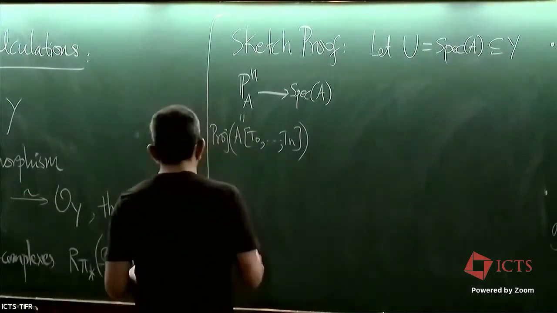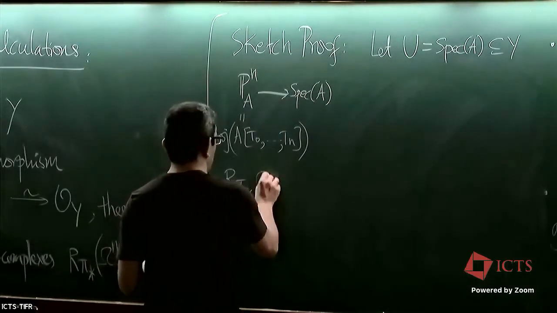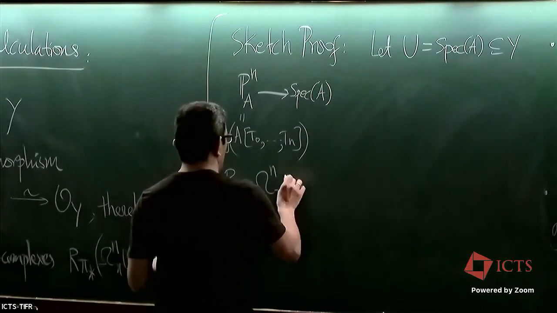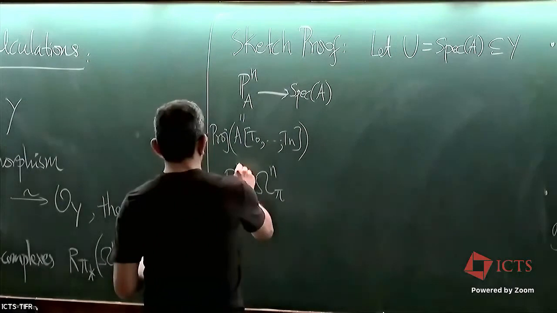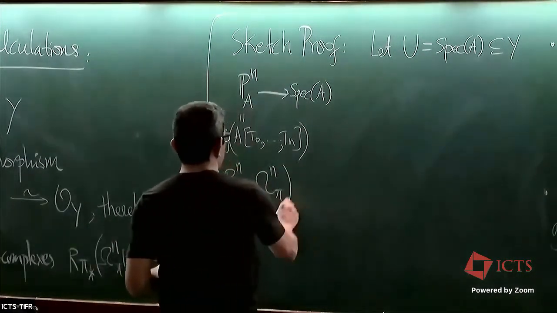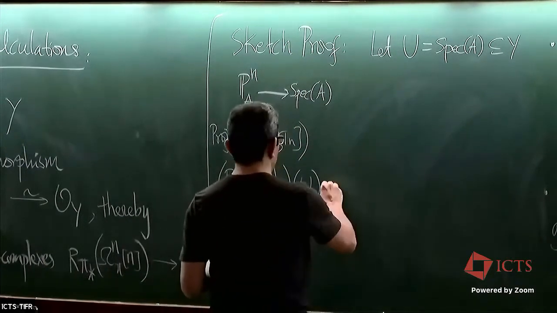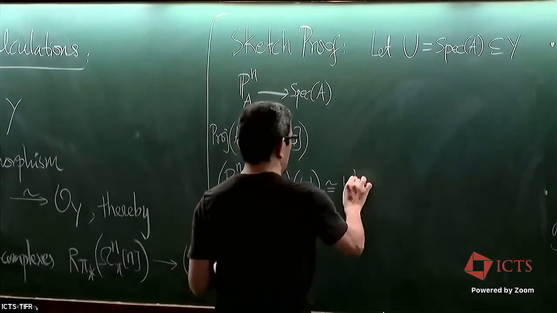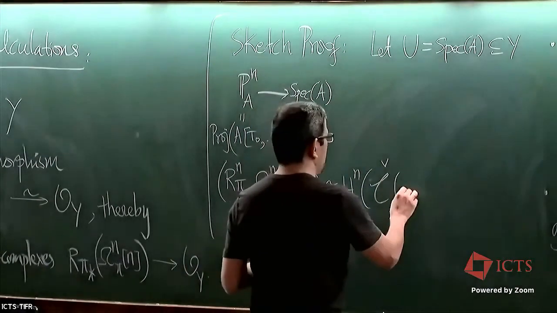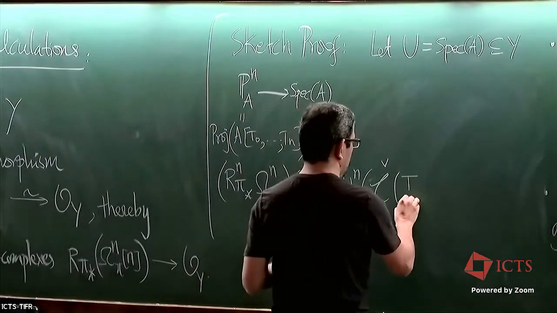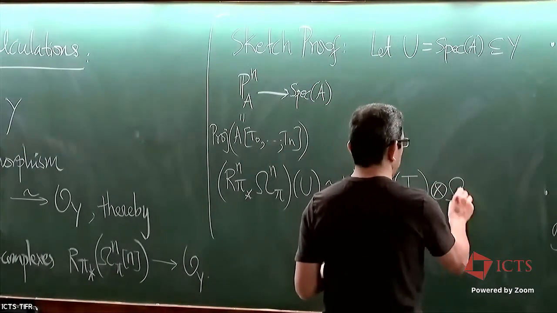And so with this, we can say that R pi lower star omega^n_pi, if you look at this module R^n pi, sorry. And if you compute this over the open set U, which is Spec A, then you can compute it using Čech cohomology. So this is the Čech cohomology over the sequence T_i, tensored, so this is the Čech complex.